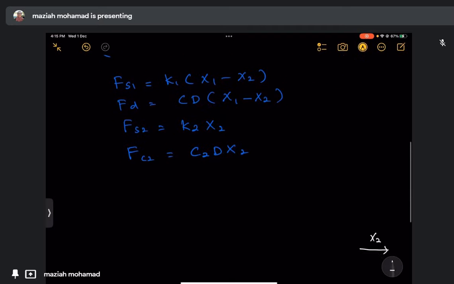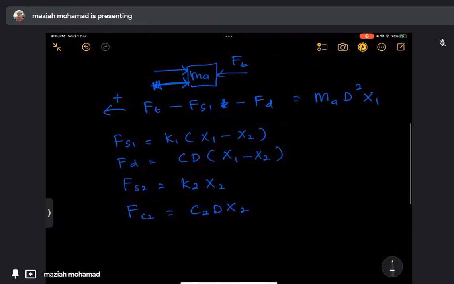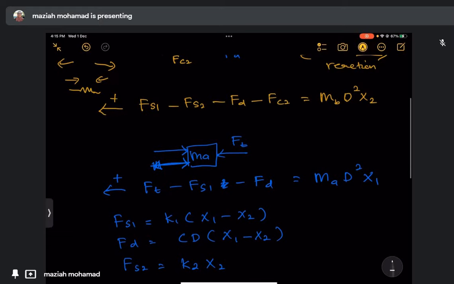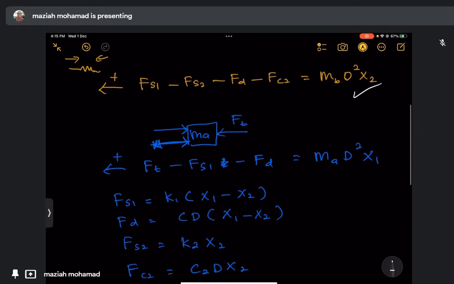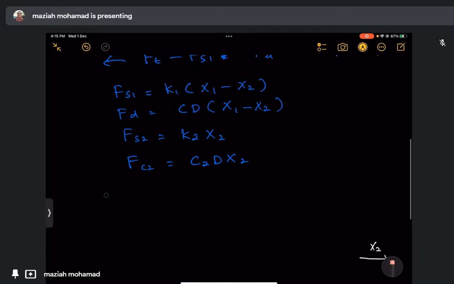Okay, x2, we're going to use this equation. So we have x2.